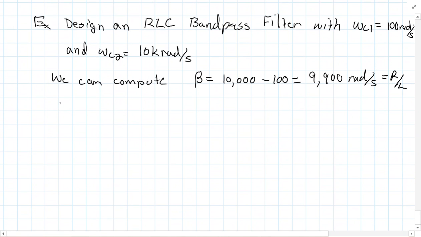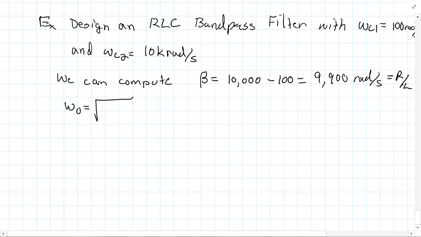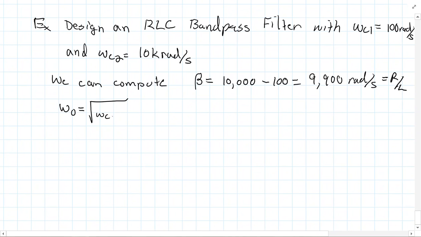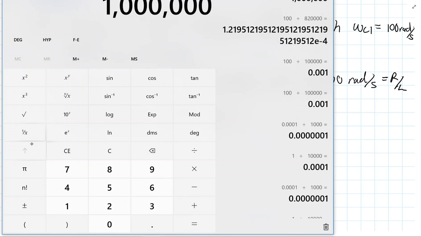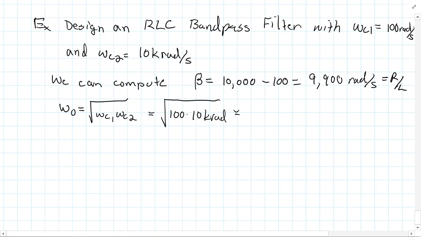And then we can compute my center frequency, because this is the square root of omega C1 times omega C2. So this would be the square root of 100 times 10 kilorad. Let's go ahead and do that here. So 100 times 10,000, and then we want to do a square root of that. And actually that turns out really nice. That's just 1,000. And so omega 0 has to be 1,000.